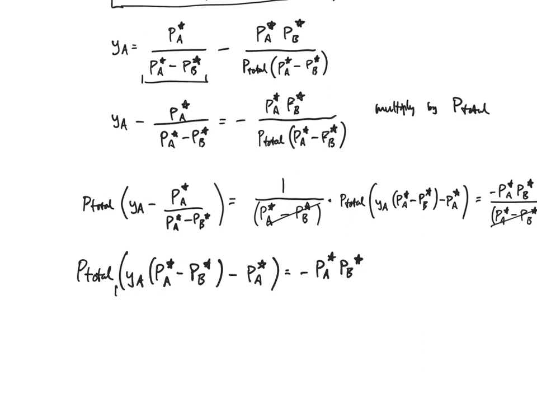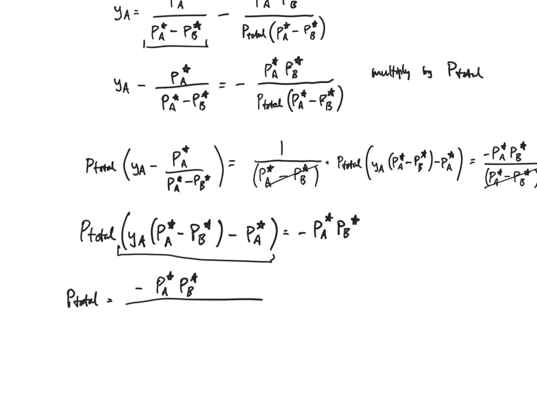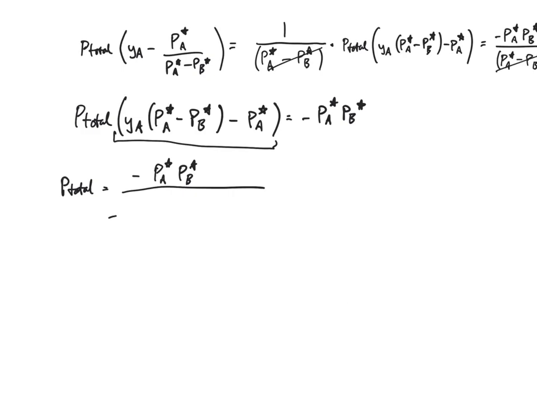Cool, then we're going to divide both sides by this, and we'll get P total equals negative PA star PB star, divided by negative PA star minus PA star minus PB star YA.